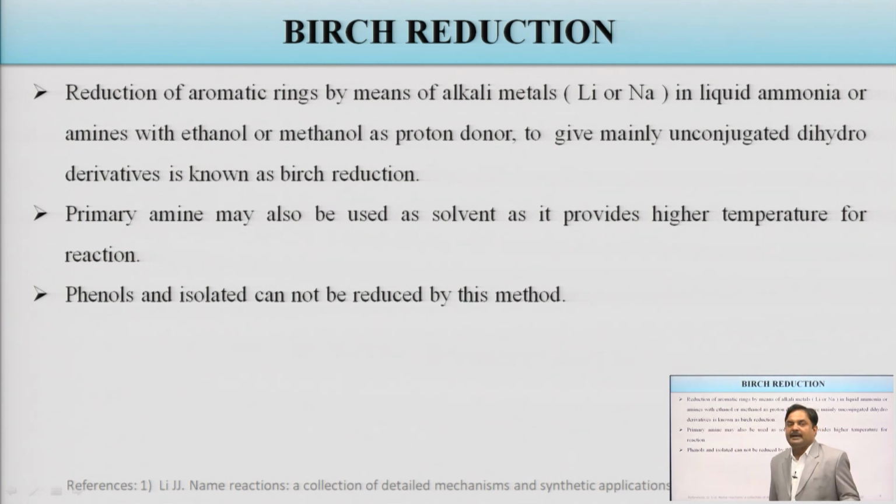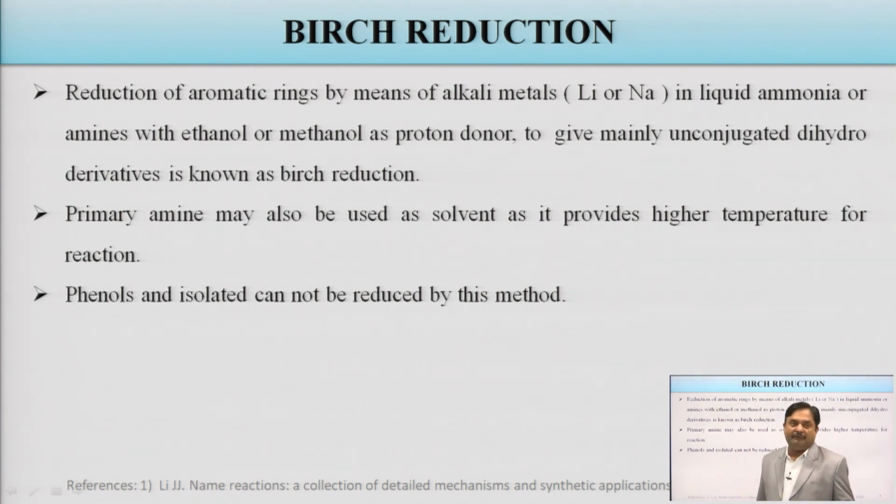In short, we can say that this is reduction of aromatic rings by means of alkali metals in liquid ammonia or amines with ethanol or methanol, which act as a proton donor, to give mainly unconjugated dihydro derivatives. So, this is the Birch reduction. As I told you, and you can also read on the slide, primary amine may also be used as a solvent, as it provides a higher temperature for the reaction.